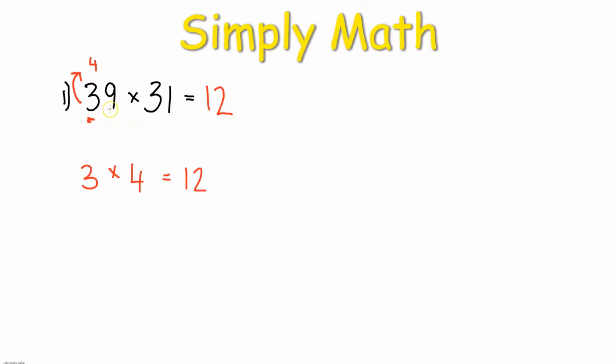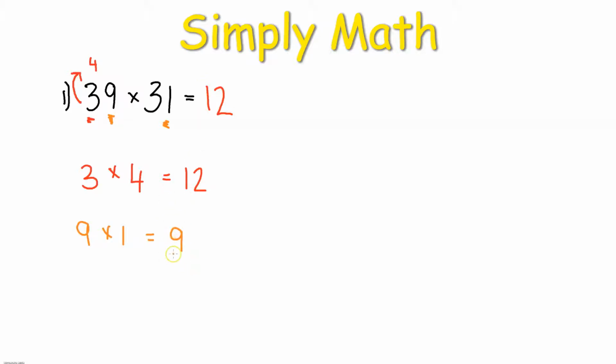Then, to find the second part, I'm going to take the second digit in our first number, which is 9, and the second digit in the second number, which is 1, and multiply them together. So 9 times 1 equals 9.